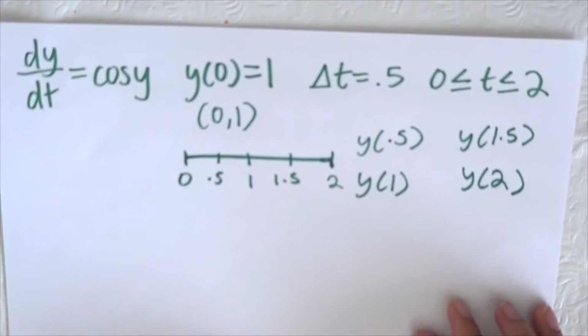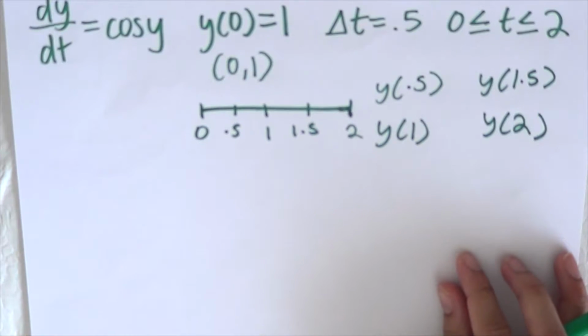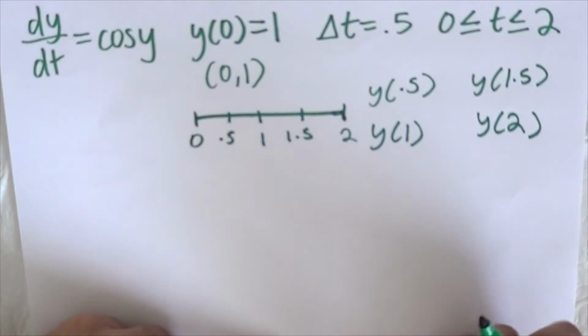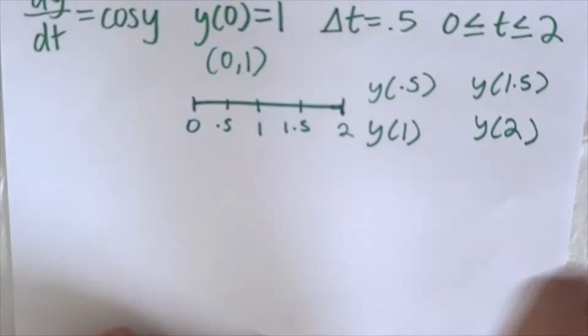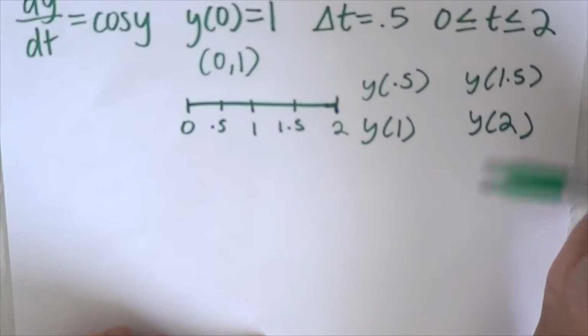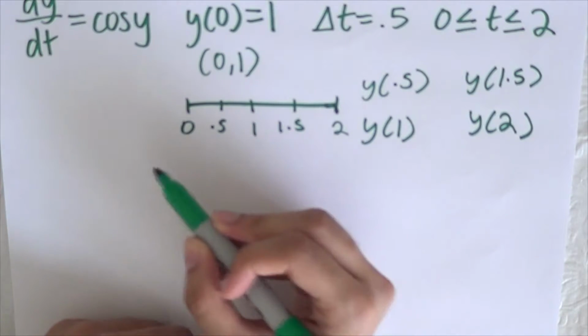So let's begin by writing our Euler's method equation to use as a reference. In my last video, I actually used the function notation. Here I'm going to use a more general notation.